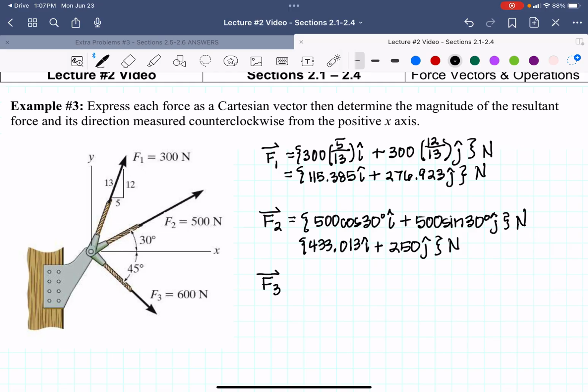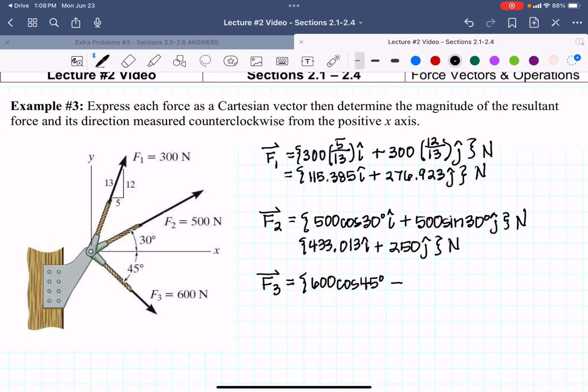All right, we've got one more force, F3. So for F3, we're pointing down, but it is pointing to the right, so that x is positive, 600, and the angle is touching the x, so it is going to be cosine, because that's the adjacent side to the angle, cosine of 45 degrees, I-hat.